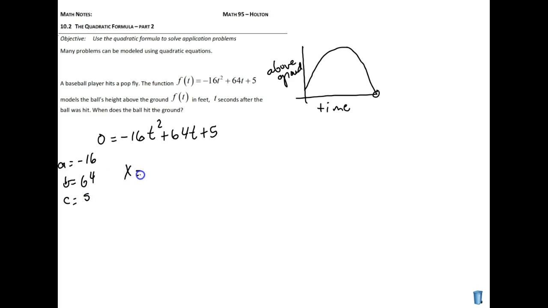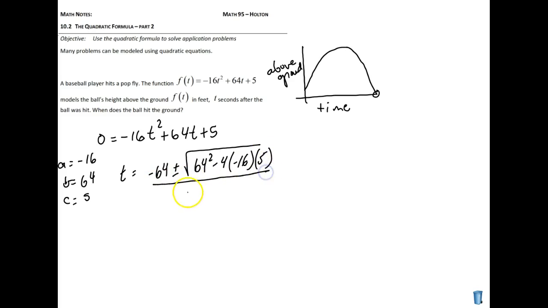So in this case it's going to be t equals negative b plus or minus the square root of b squared minus 4 times a times c, all over 2 times a, which is negative 16.